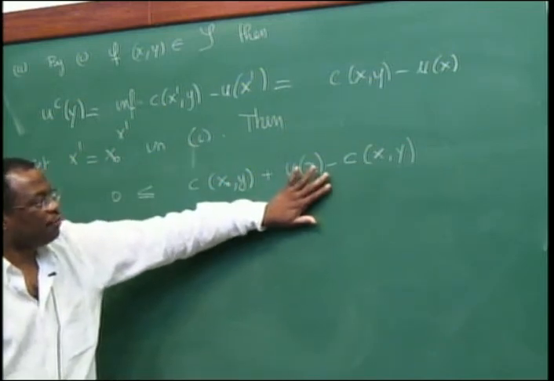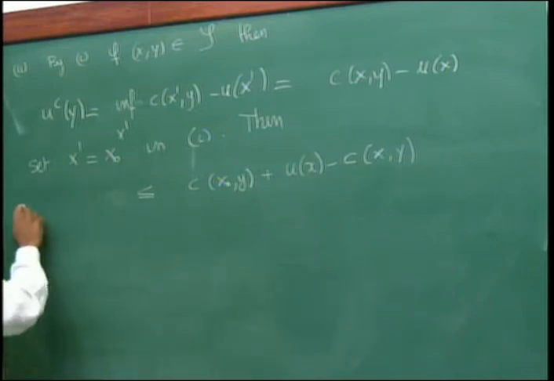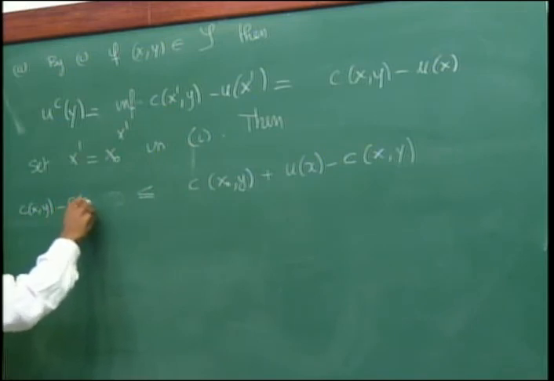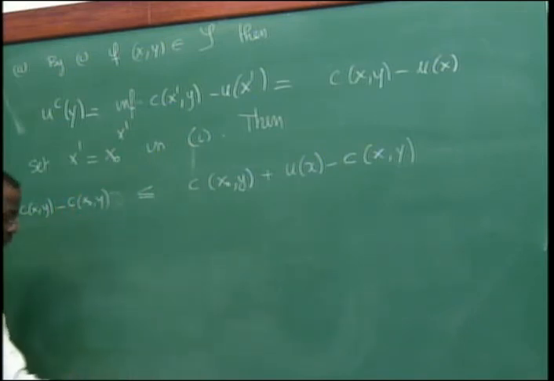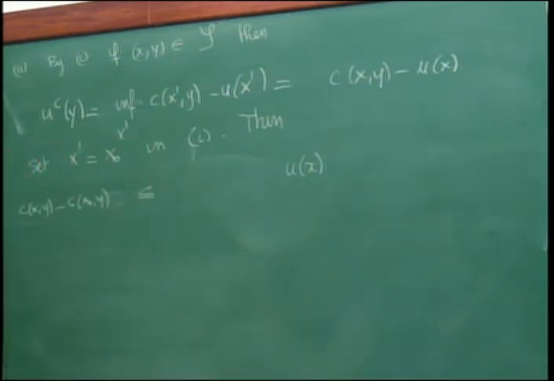Because it is telling me that U of S is bigger than C of X, Y minus C of S naught, Y. It is telling me that I have this. And so U of S cannot be negative infinity.